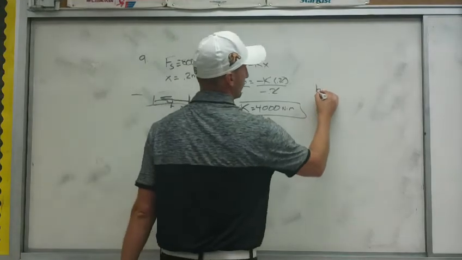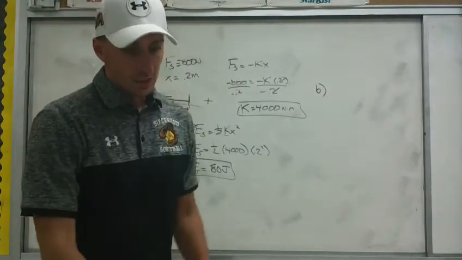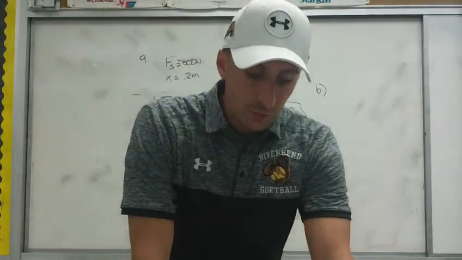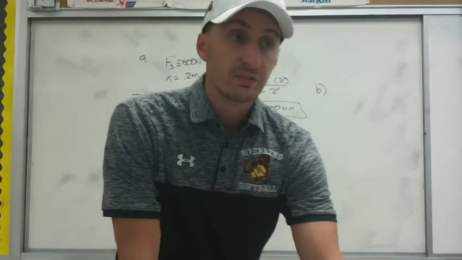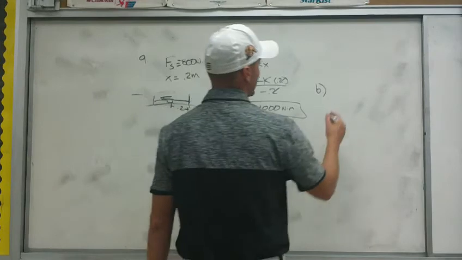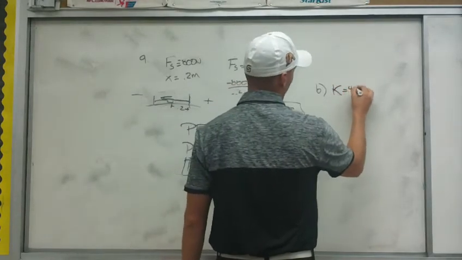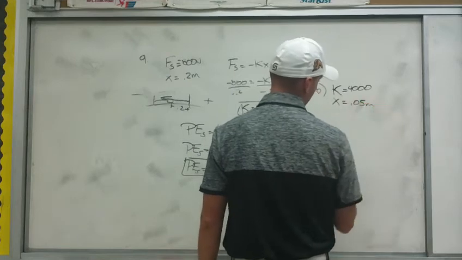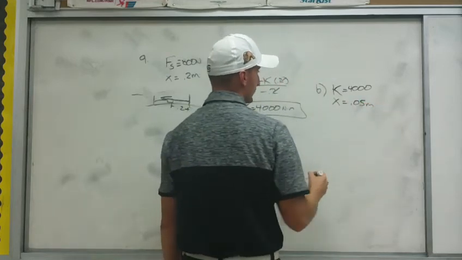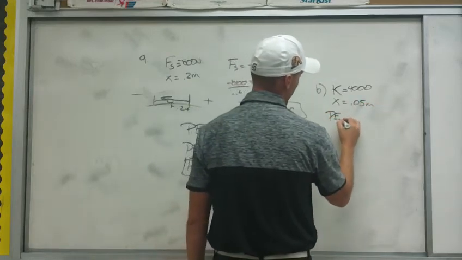B says, what's the potential energy if you compress the same spring 5 centimeters? So now I have the same spring, so I know K is still 4,000. x is now 0.05 meters. It's 5 centimeters. I want to know the new potential energy.